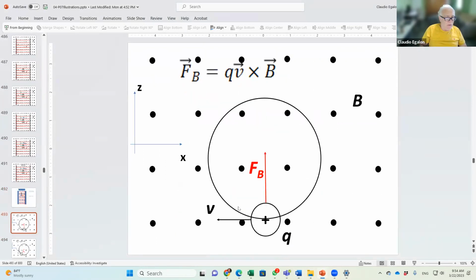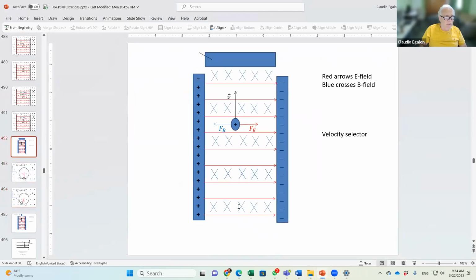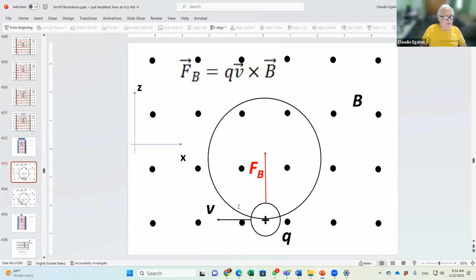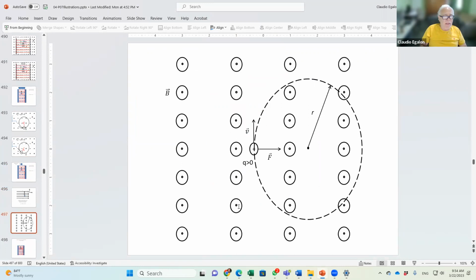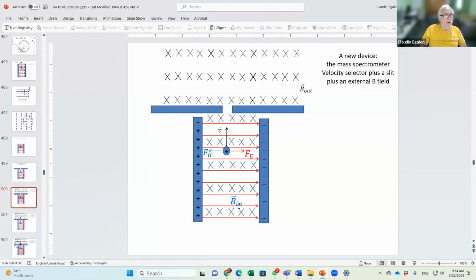Let's see if I can have another one here for you. Oh yeah, here's the velocity selector. The book doesn't cover the velocity selector. The velocity selector is used in conjunction with the mass spectrometer. And here you go. Here's the mass spectrometer. We have a charged particle entering the device.